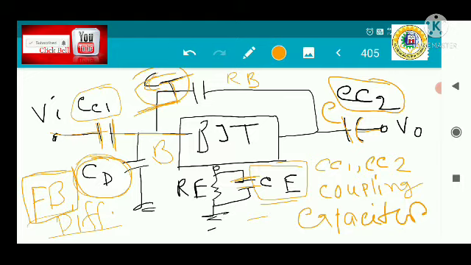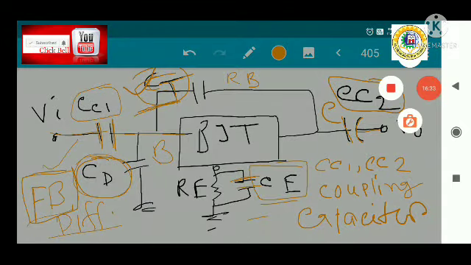CC1 and CC2 are the coupling capacitors, and CE is the bypass capacitor. All three are externally connected to the transistor, but CD and CT are internal to the BJT and arise due to these two facts. So that is all about the capacitances inside the transistor.